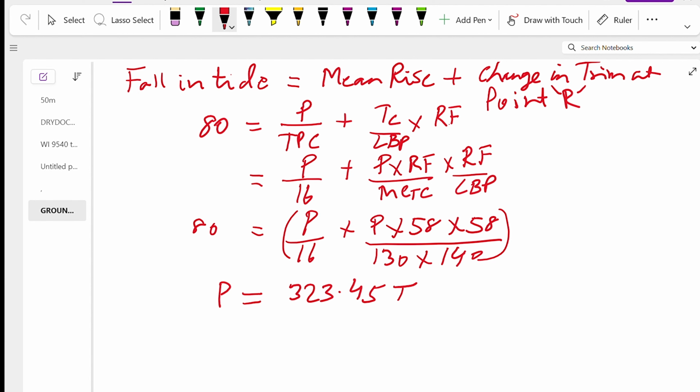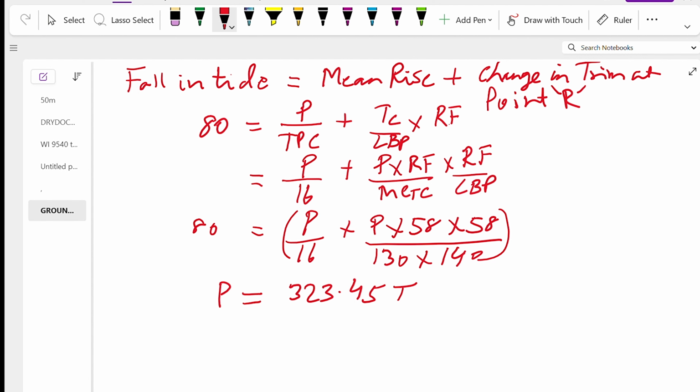This is the upthrust force P after the tide has fallen by 80 centimeters. The upthrust force P increases to 323 tons, and the effect on the draft is like 323.45 tons has been discharged from this location where the ship is grounded. This is the effect on the final drafts and the GM.